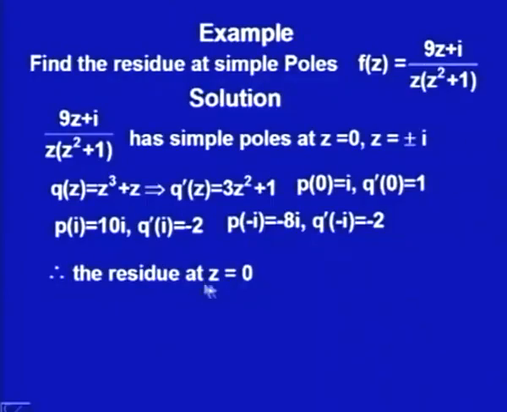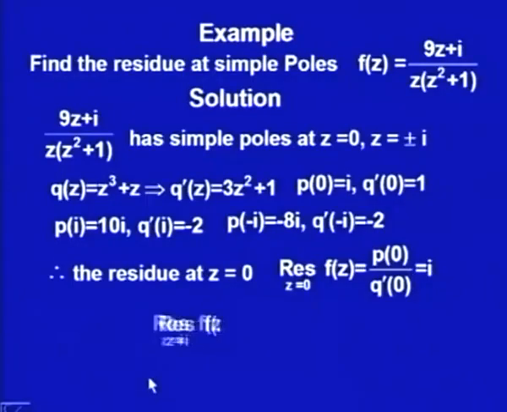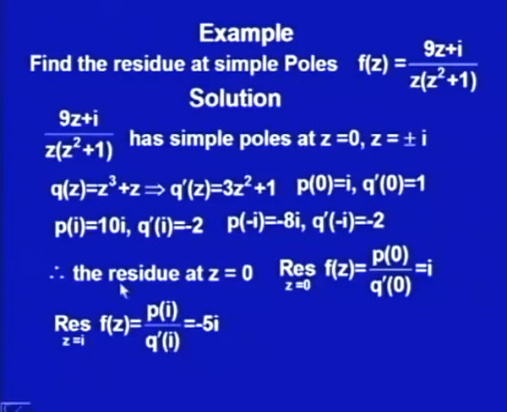So the residue at z equal to 0 is first p(0) upon q'(0). Now p(0) is i, q'(0) is 1, so this is i. Residue at z equal to i is p(i) divided by q'(i). p(i) is 10i, q'(i) is minus 2, so I would get minus 5i. Similarly, residue at z equal to minus i: p(minus i) is minus 8i, q'(minus i) is minus 2, so I would get 4i.